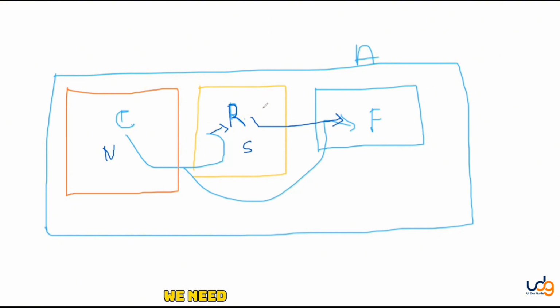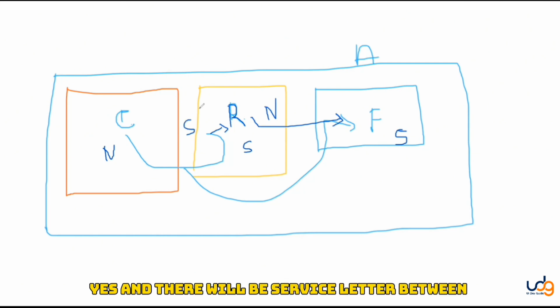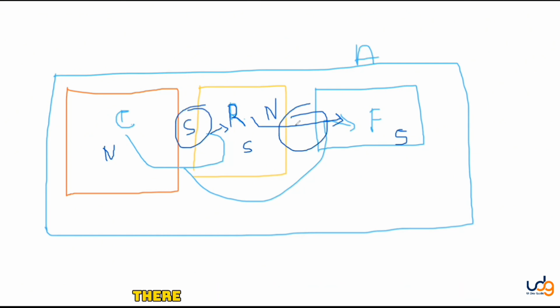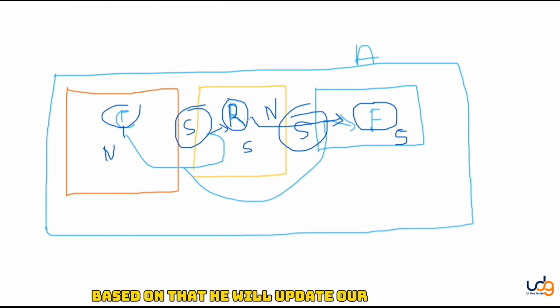Here also we need to pass next, and subscribe here again. Correct. There will be a service layer between them, a single service. You will create 2 observables, 2 subjects, the first and the second. Based on that, it will update the reflect one, then based on the reflect one, you will reflect to the final. Yes, that's correct.